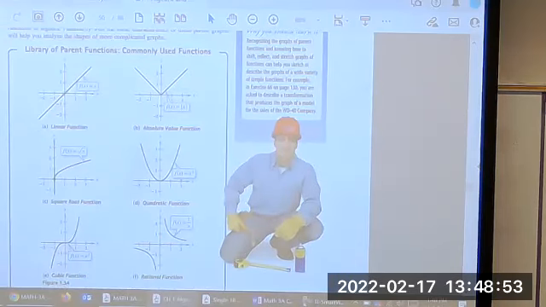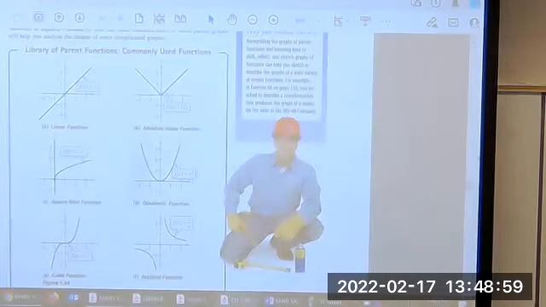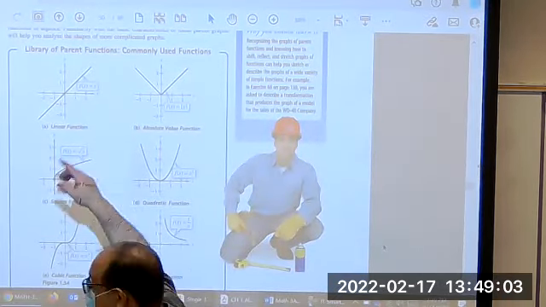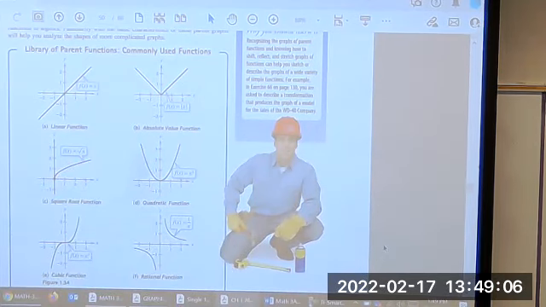Now there's 6 parent functions that you're going to be held accountable for. We talked about quite a few. You got your linear function. The analogy is it's like a cheese pizza. No toppings, no extra stuff, just cheese.